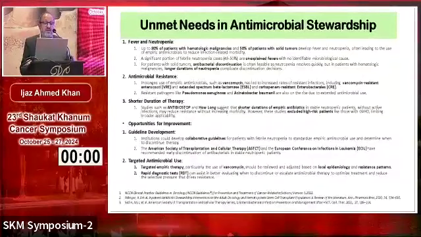There are some unmet needs. Most important is febrile neutropenia. Usually, these patients do not have a specific diagnosis. What to do about this is something that needs to be looked at, and also what to do about resistance. Especially in Pakistan, you are now getting XDROs, and you have to have some strategy to cater for that.